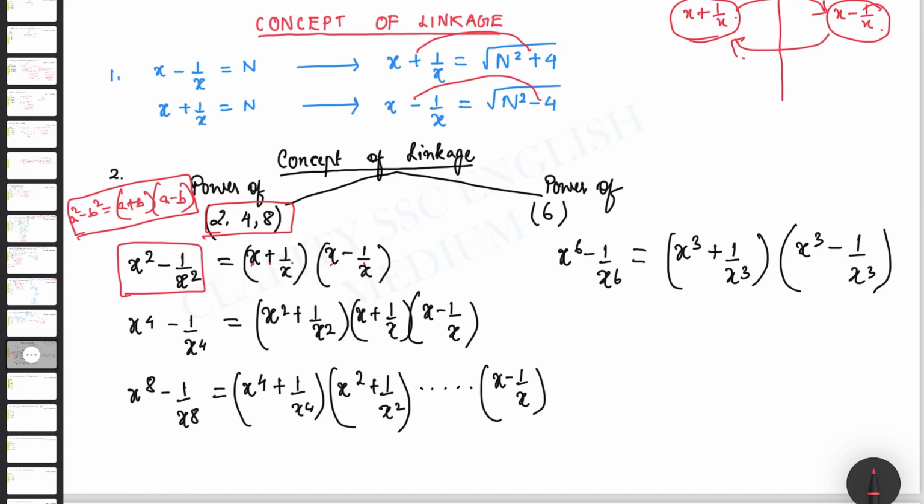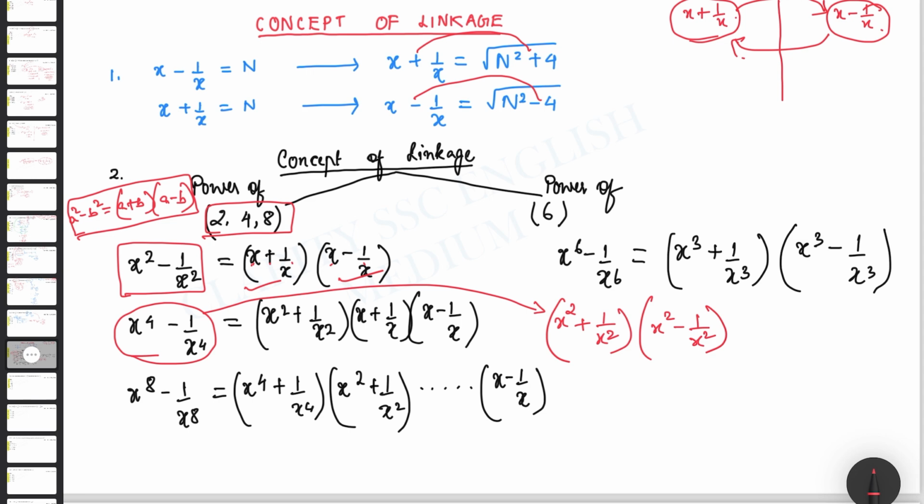That means x plus 1 by x and x minus 1 by x. If we have to find x to the power 4 minus 1 by x to the power 4, it's a plus b, a minus b.